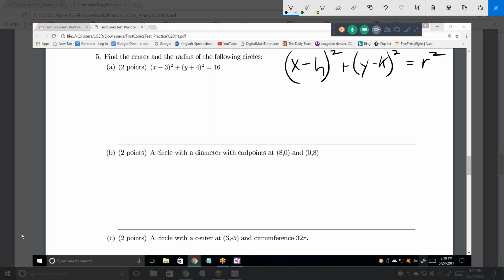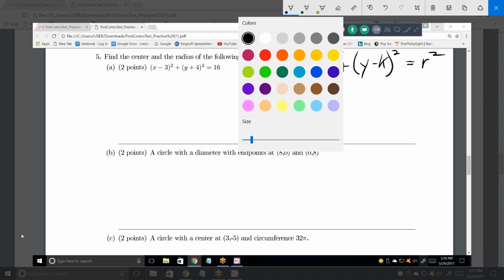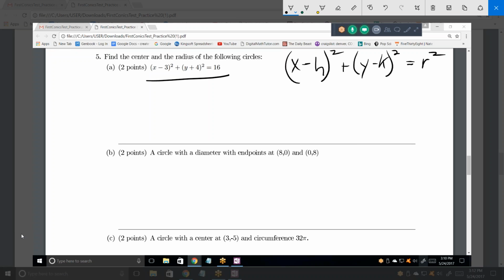Now, in this formula, what's h? Remember, h and k are the center of the circle. h is 3. And k is? k is 4. Or k is not 4, it's negative 4. Correct, because it's minus a negative.